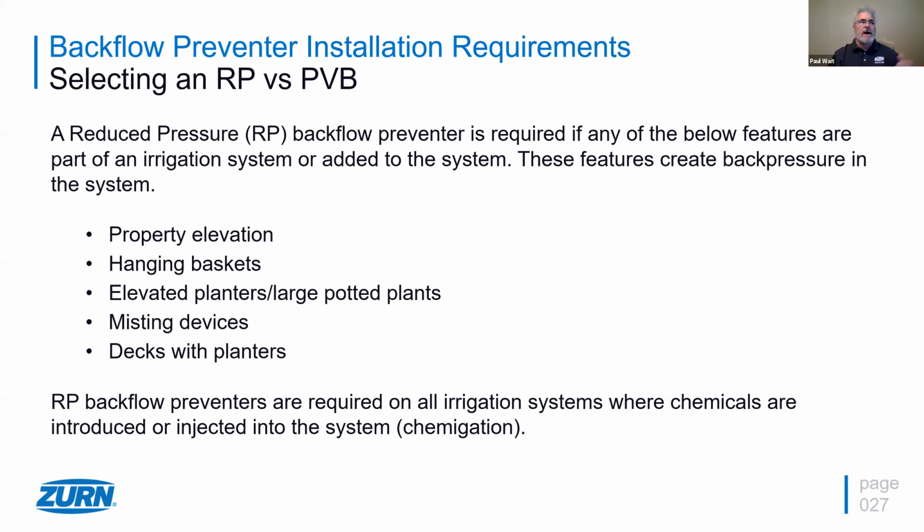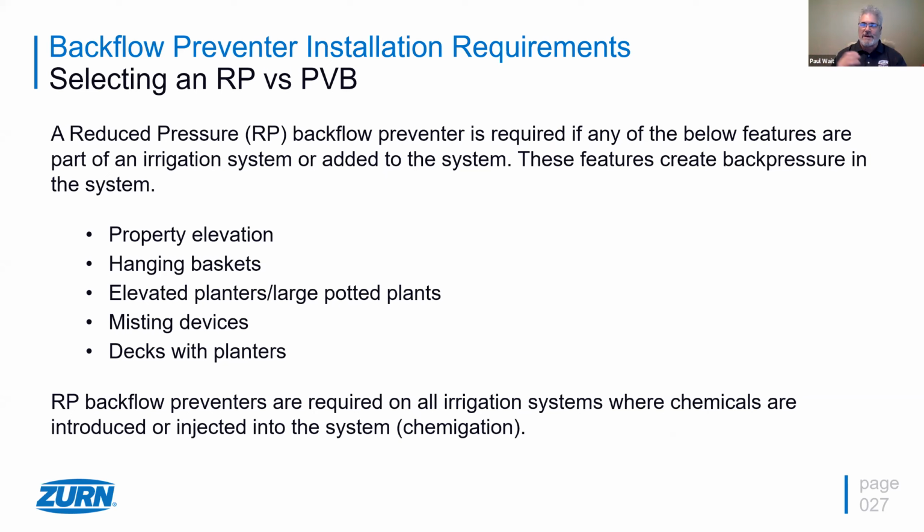Well, for example, property elevation. I mentioned that. If you've got property elevation and terrain, the last thing you're going to want is to have a PVB 7-8 feet in the air. First of all, that would go against code. Second of all, I think OSHA would get on top of anybody that had to go service that. I've gotten pictures in emails from folks and text messages of pressure vacuum breakers that are up on the eaves of houses, because that's code, right?